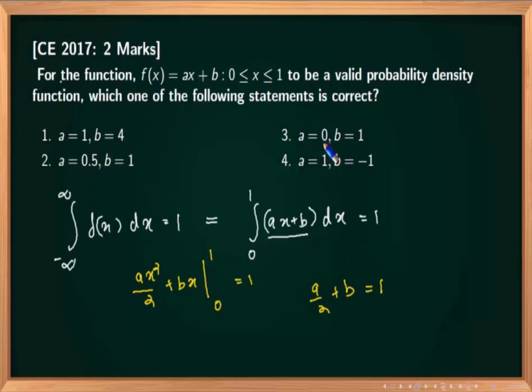Whereas if I substitute a equal to 0 and b equal to 1, a by 2 is 0 plus b, which is 1. So this must be the answer, because it is only in this case that a by 2 plus b is 1, which means that this is a valid PDF. So the answer must be option 3.